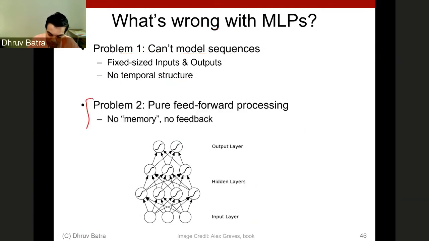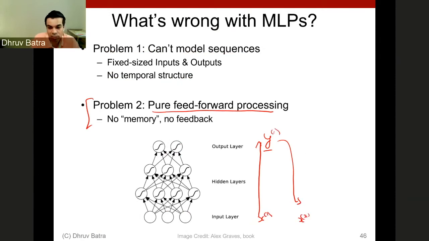The second problem that we are trying to address is that these are pure feed-forward networks. We are going from X to Y. We do not, for example, make use of our own predictions. When we predict Y, it does not get utilized. So let's say this is X1 and there is some X2 at a different time.